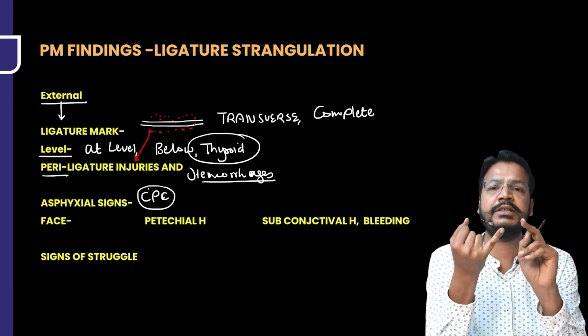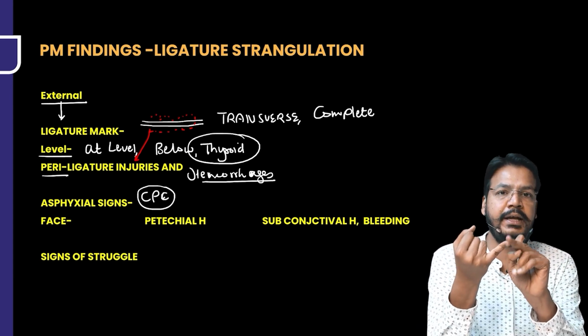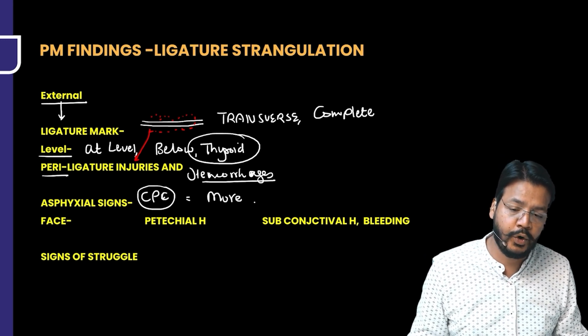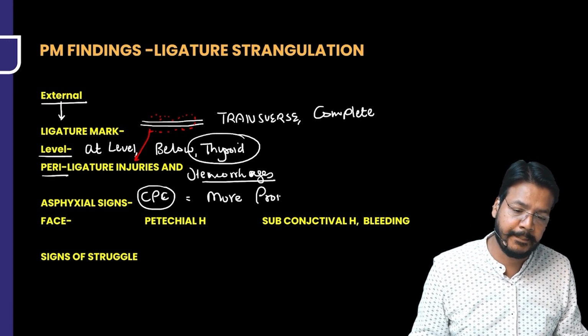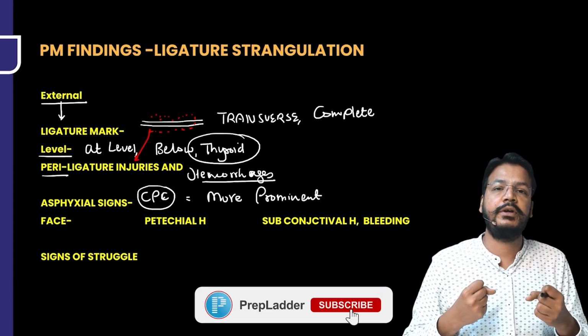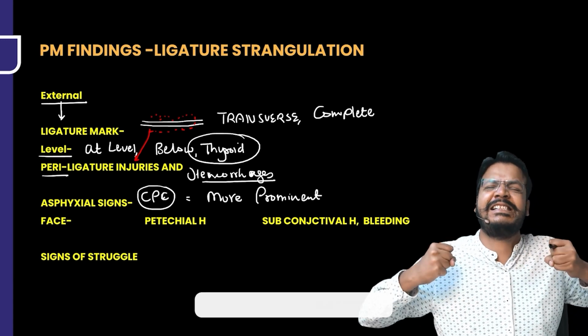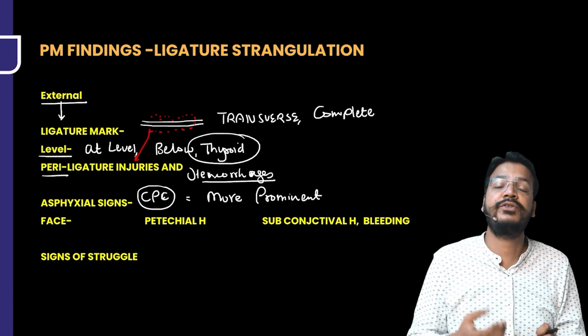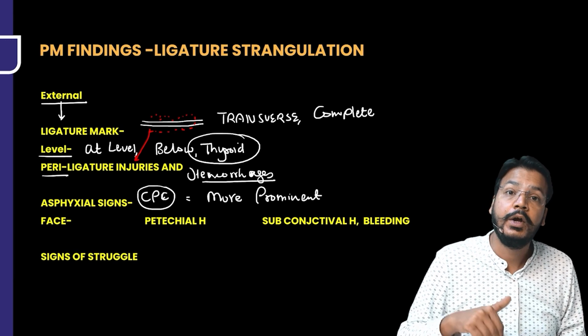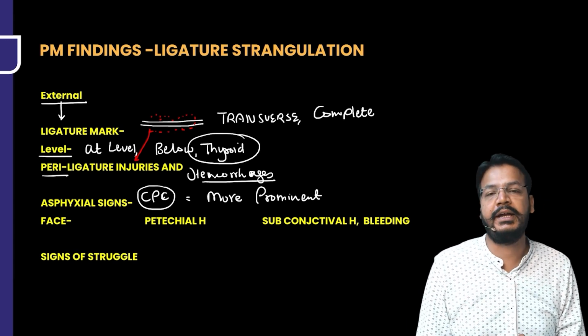Anyone who can revise with me CPC? Cyanosis, petechiae, congestion. My dear friend, these are more prominent if we compare with hanging. More prominent, because if you kill someone, the someone resists, you apply more pressure. So there will be asphyxial sign. Cyanosis, petechiae, congestion will be more prominent if we compare with hanging.